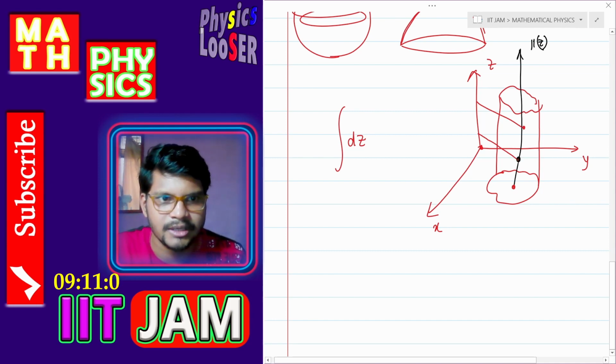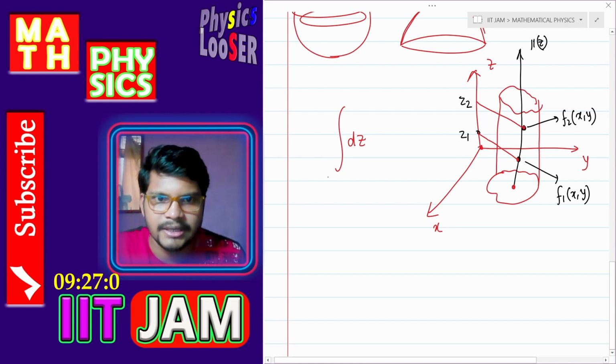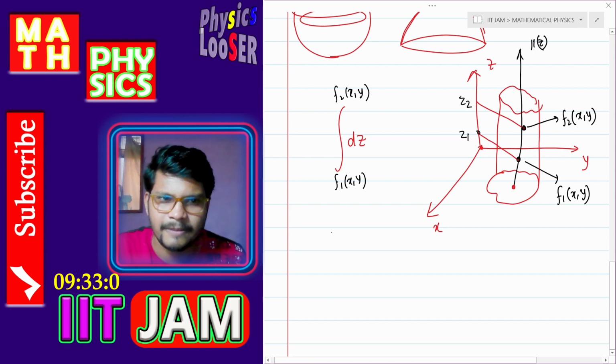For an example, it is cutting over here and over here. So let us say this is f1, which depends on xy, and this point is cutting f2 of xy. This is corresponding to z2, and this is corresponding to z1. So I can say that the limits would be f1 of xy, and over here f2 of xy.